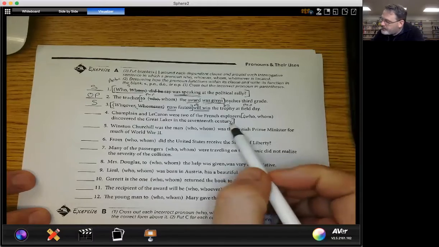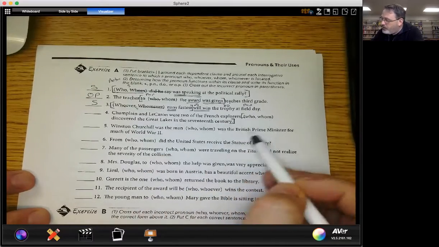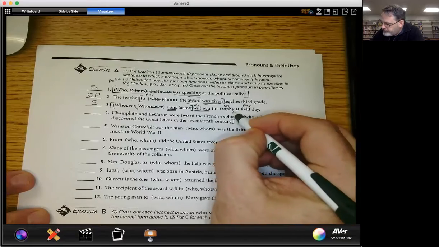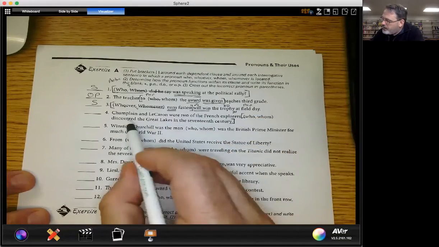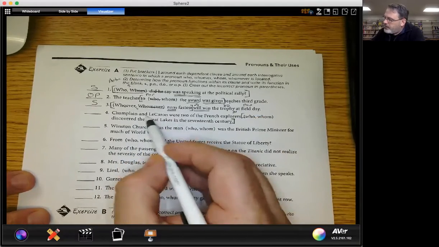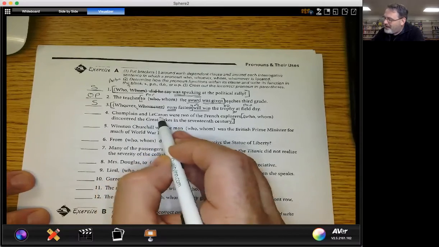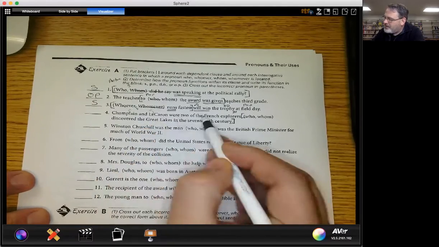In the context of the whole sentence, that clause is being used as an appositive, right? Because you look, Champlain and Descartes are compound subjects.